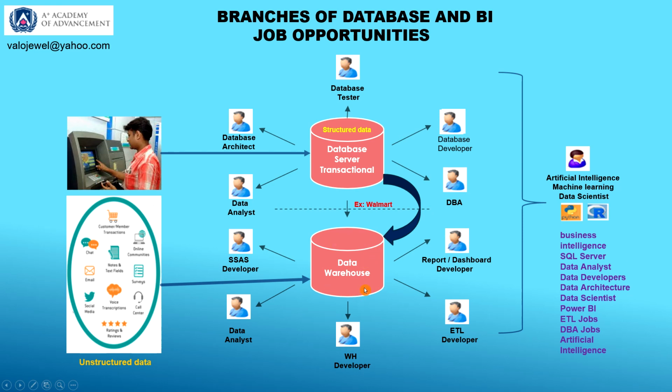I also mentioned before that the data warehouse comes from transactional data, and it also comes from unstructured data. Unstructured data is like when you do email, chat, every day we're doing Facebook, everything; all unstructured data we can make structured and it also goes to the data warehouse.